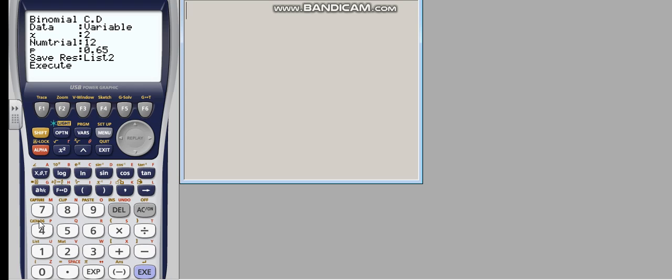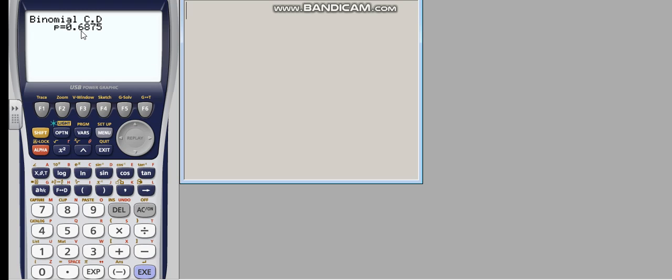Number of trials was 4. Put 4 in there. And P was 0.5 under the null hypothesis. Okay, let's execute that. And we get our answer as 0.6875.